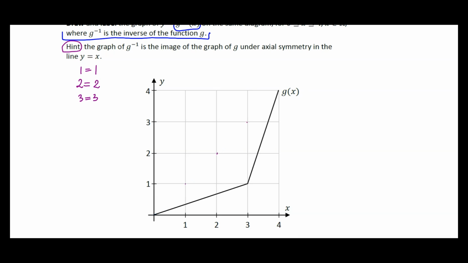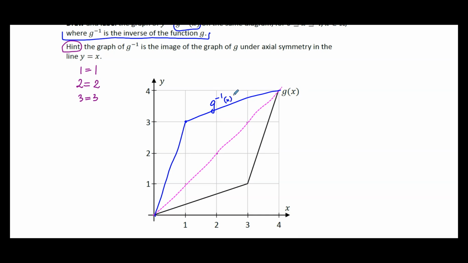So we have a line here, like that, and it is the image. The way it works with image is as if I took that, folded the paper across this line, and then I have a line on the other side. So what I am going to get is this. And that's my g minus 1 of x, the inverse version.